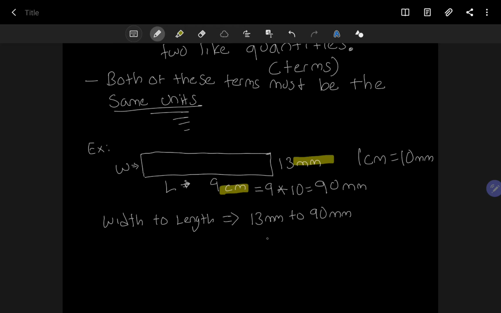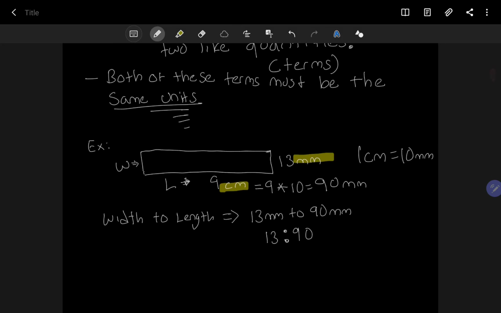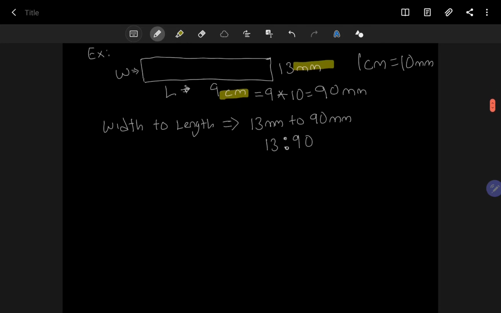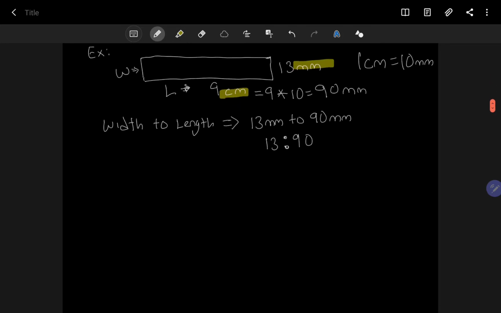Or I can rewrite this as 13 to 90. And another way of writing this is just 13 over 90. So I can rewrite it in those three different ways: as a fraction, as saying what they are, and just as numbers.